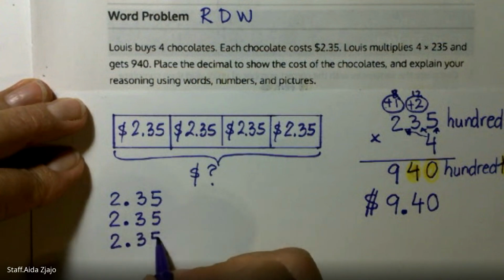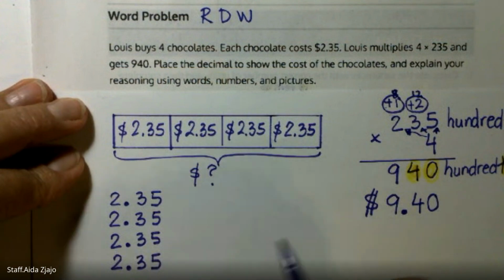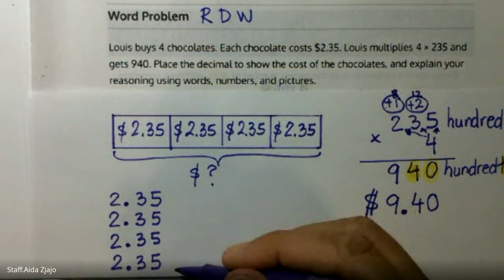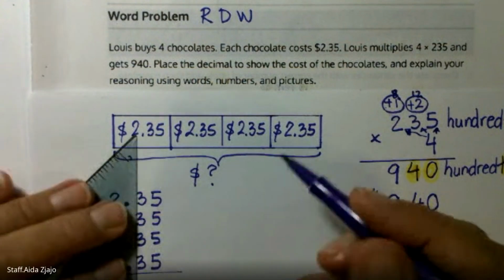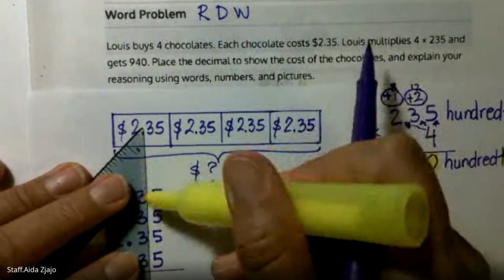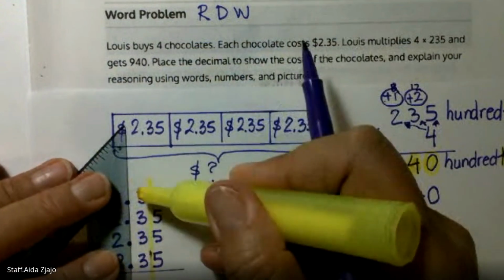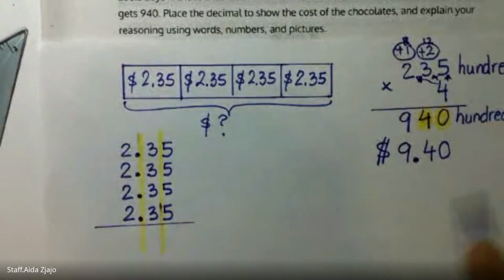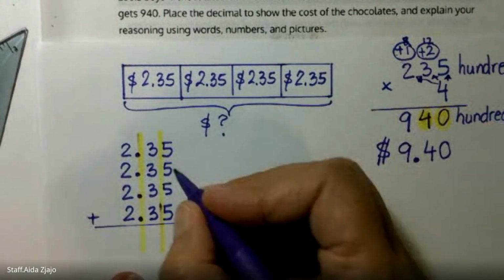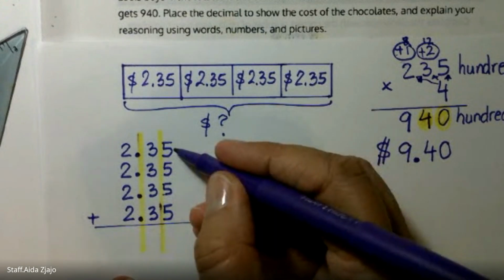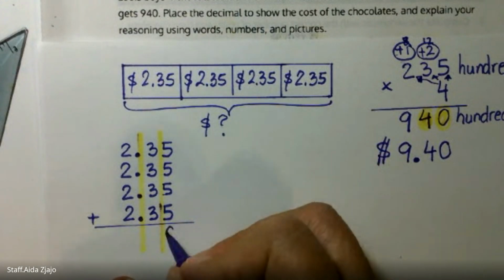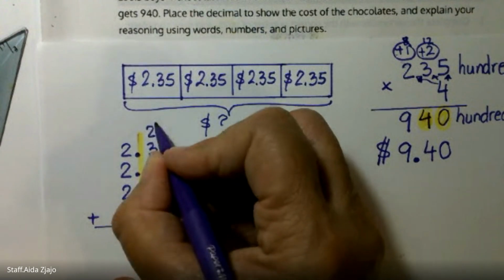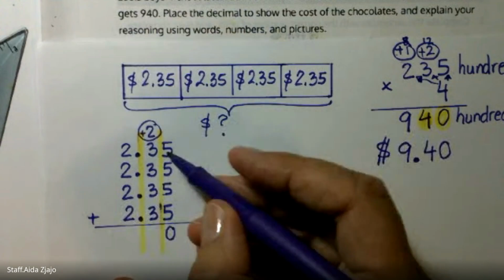It's good to check our answer. So these are 4 chocolates, each costs $2, and multiplication is repeated addition. People just do a shortened way. 5, 10, 15, 20. Remember, that made 2 tenths.